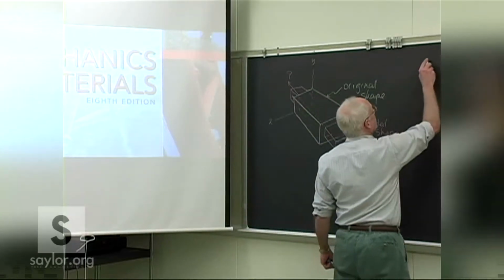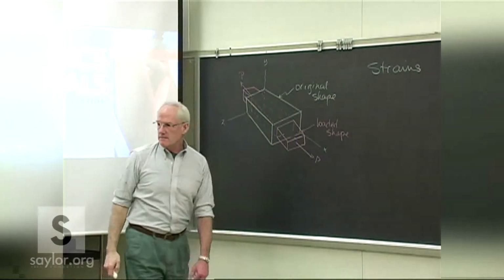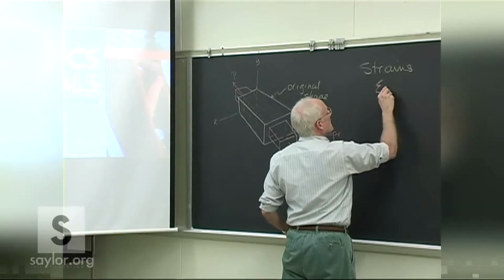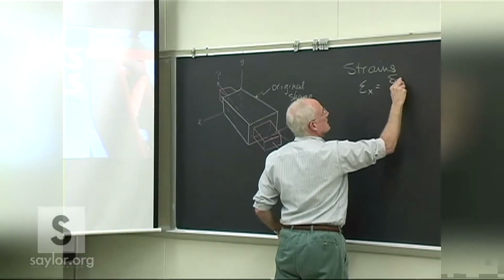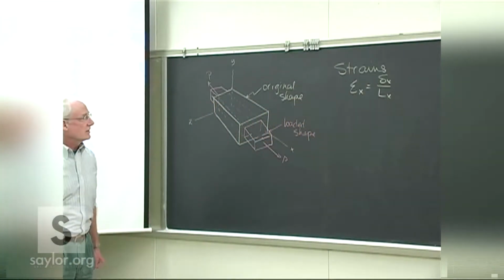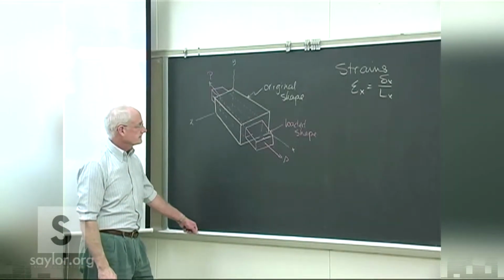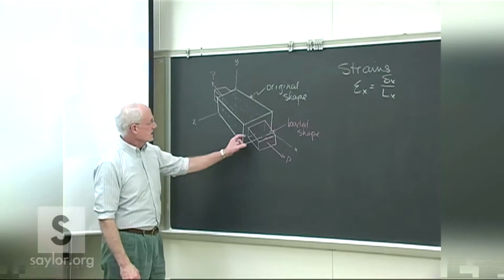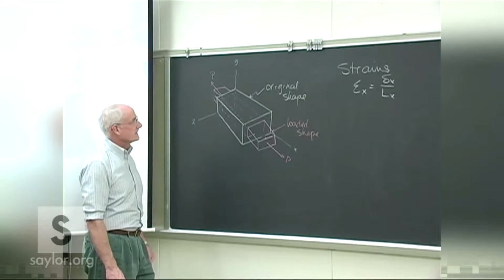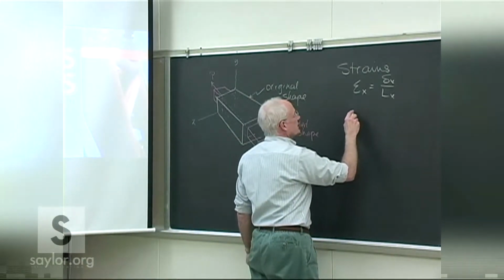So we actually have a couple strains in the piece here. We have the normal strain in the x direction, which is how much it deforms in the x direction divided by the original dimension in that direction. So for our purposes, I guess it would be twice however much you drew sticking out here or out of the front. But there's also a transverse strain.